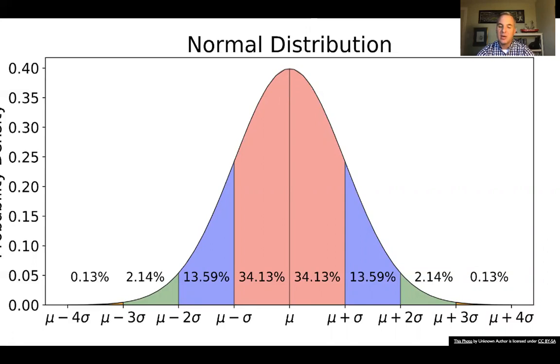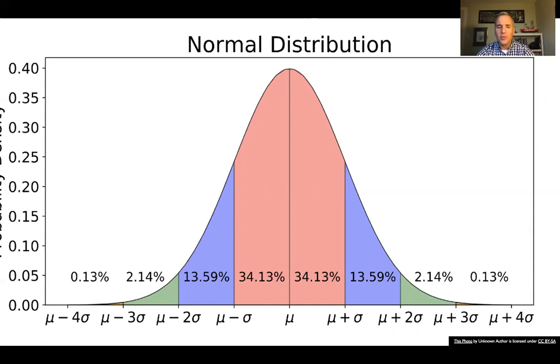And then sigma here indicates the population standard deviation. So 34.13% represents how many responses are between the mean and one standard deviation above the mean. If we double that, we see that about 68%, actually a little bit more than 68%, are between one standard deviation above the mean and one standard deviation below the mean.